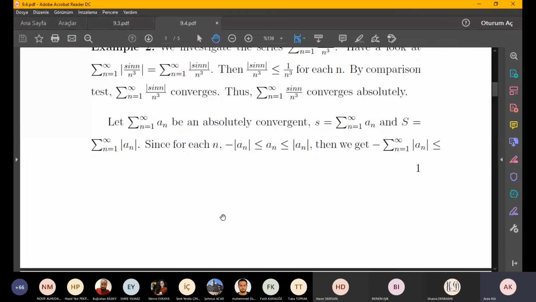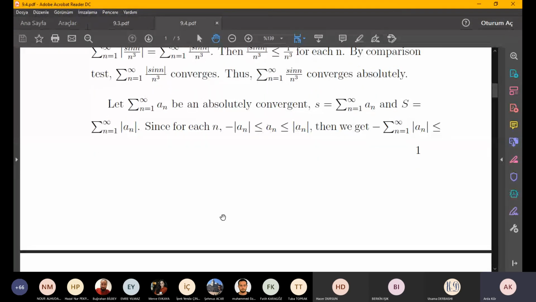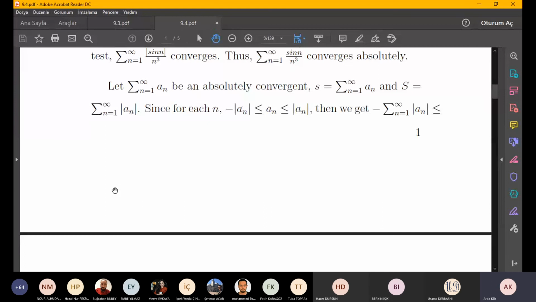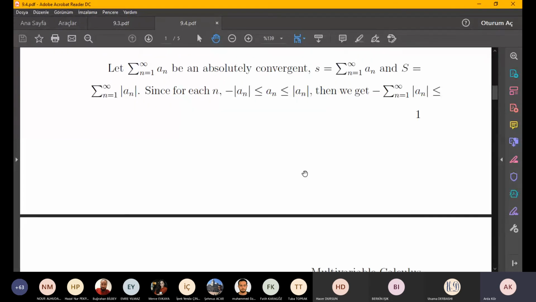It comes from here actually. If your series is absolutely convergent, let's say the sum of the absolute value of a_n is equal to S. So we say that it is convergent, and S is the value that it converges to.